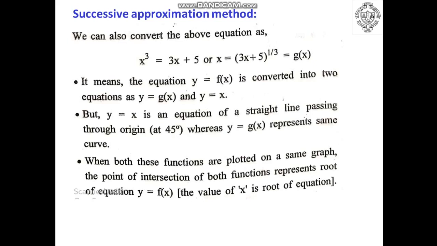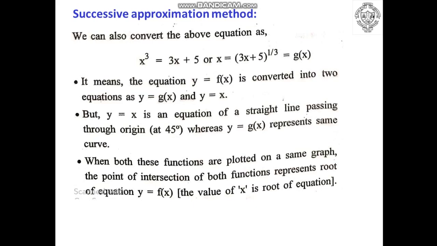Again we can convert the above equation into another form as the whole term 3x plus 5 raised to 1 divided by 3. So g of x can be written in this form also.